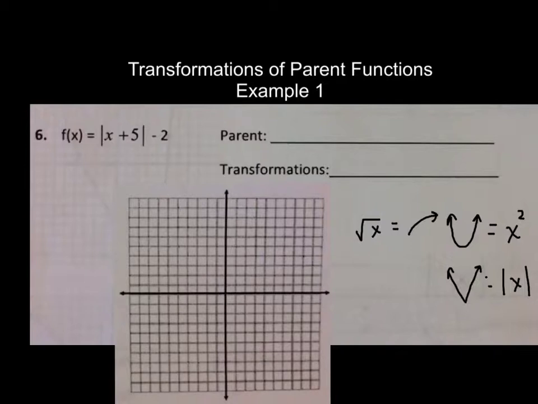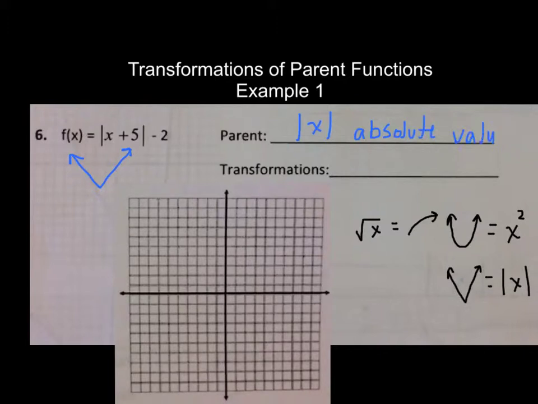Yes, Asia? So we have an absolute value function up here, which automatically means to me that I'm using a V shape. So I kind of draw a little V. So the parent is actually the absolute value of x, and you could just write absolute value here.